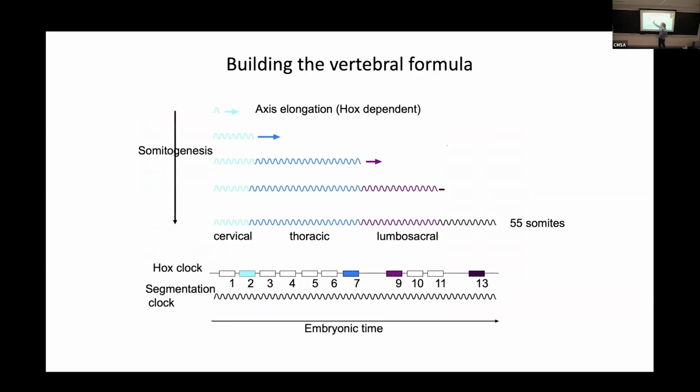And by adjusting the parameters in the two systems, and I've tried to show you a few examples of this, you can understand how you can end up with a defined vertebral formula, which has a fixed number of segments for each anatomical domain. And that's really defined by the crosstalk between these two developmental modules. So I guess I'll stop here.